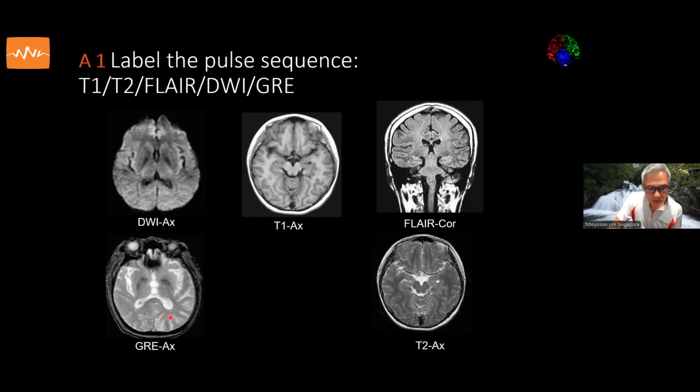The gradient recall echo or susceptibility weighted image in some pulse sequences is specifically used to detect low signal intensity from deposition of iron or calcium.